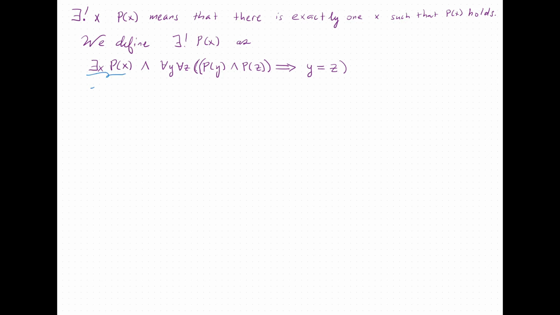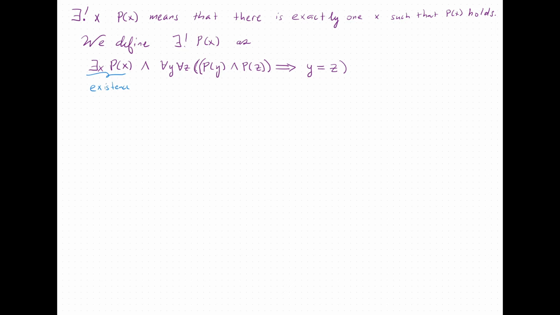So here's the existence portion. And then for the uniqueness, we have for all y and for all z, if P of y and P of z hold, then it is the case that y is the same as z.